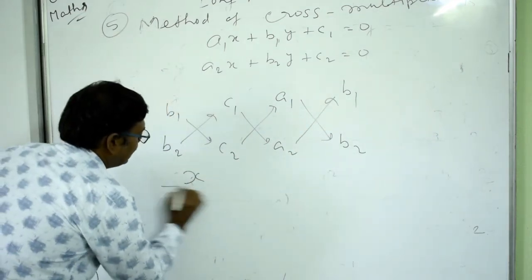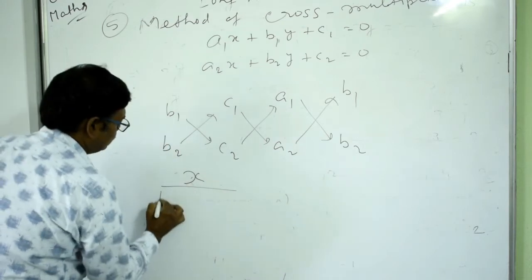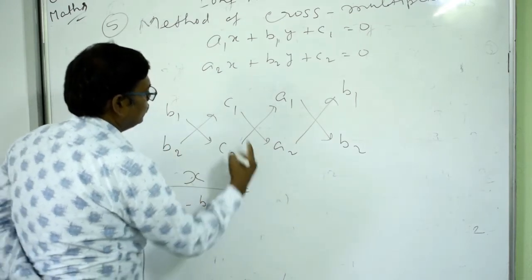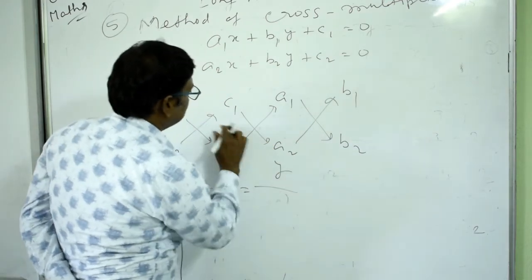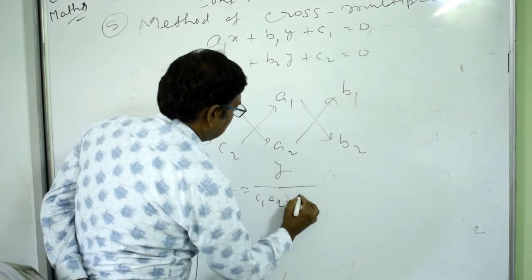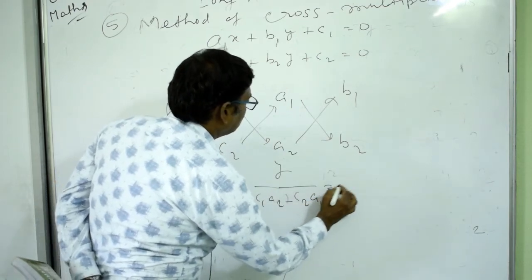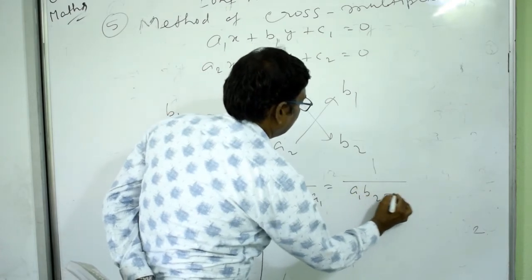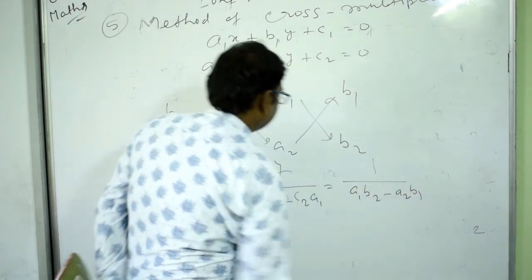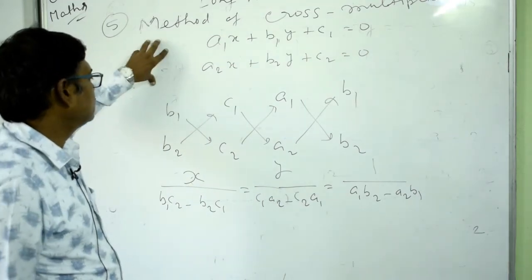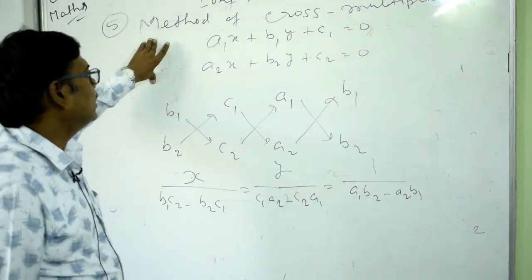You have x by B1 C2 minus B2 C1 equal to y by C1 A2 minus C2 A1 equal to 1 by A1 B2 minus A2 B1. Okay, so use this formula and use this format to solve this kind of equation.